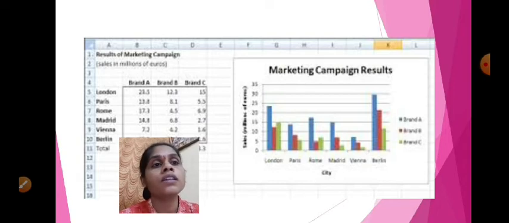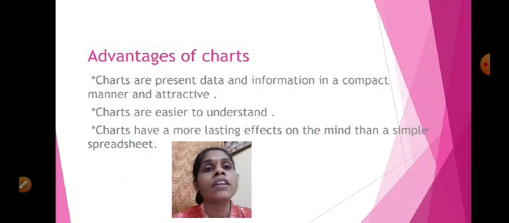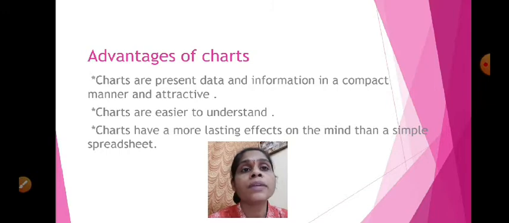Okay, now see the advantages of charts. Charts present data and information in a compact and attractive manner. See what charts can do. Whatever we show in pictorial form is more attractive than sheet form. So that's why we introduce charts in Excel, so that there is very much important and attractive learning when you are making charts in an Excel sheet.